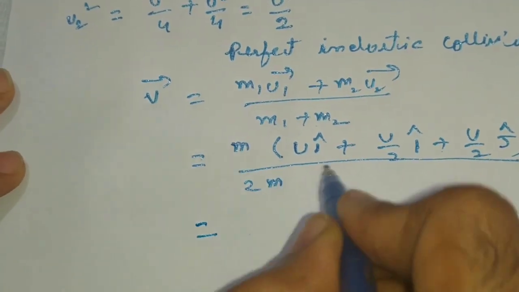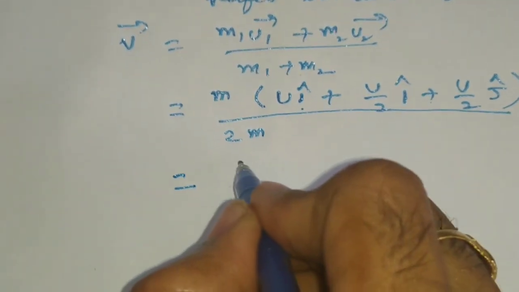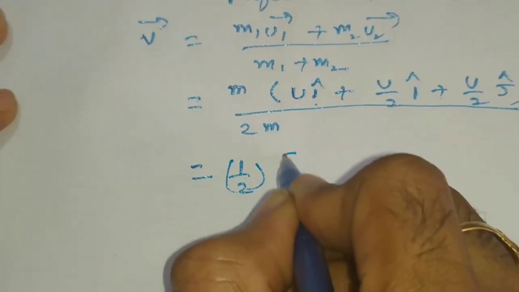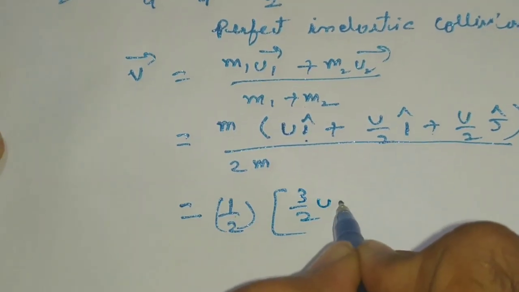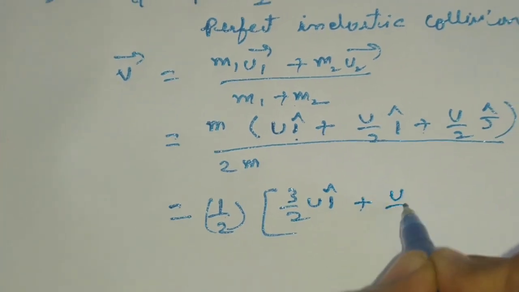So this is equal to 1 by 2 into 3 by 2 u i cap plus u by 2 j cap.